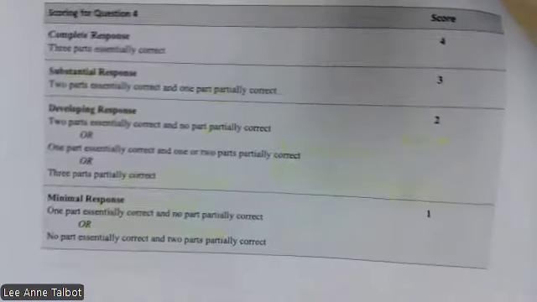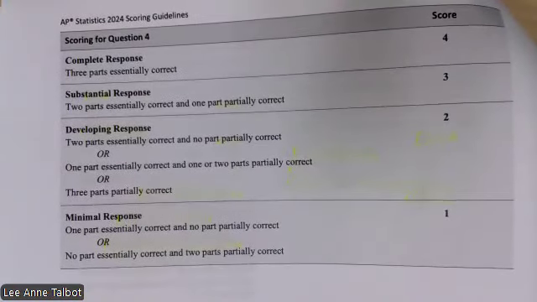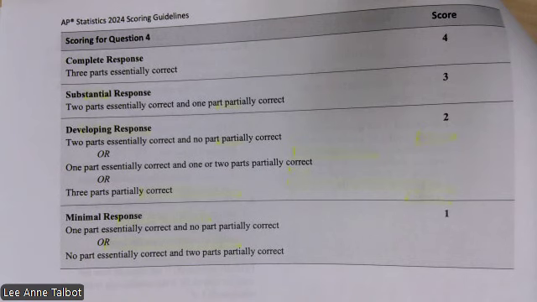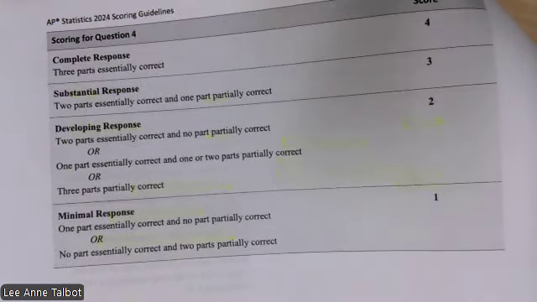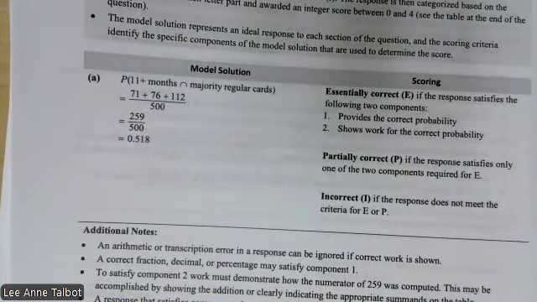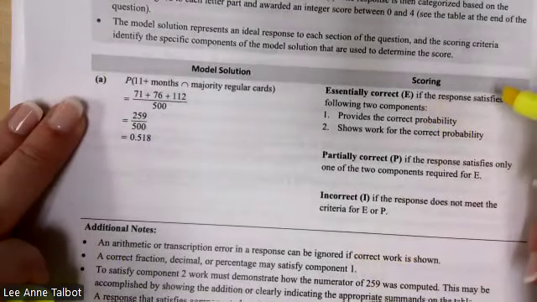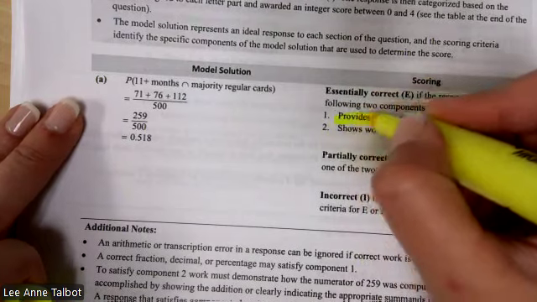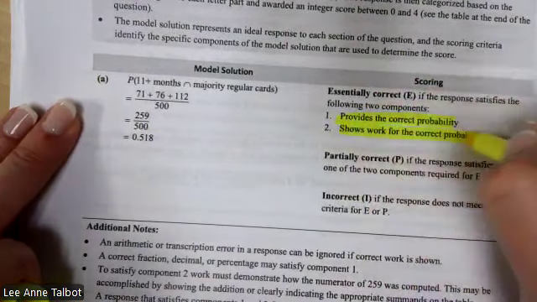Okay, same deal here. Okay, number 5. We're almost there. Provides the correct probability, shows work for the correct probability.